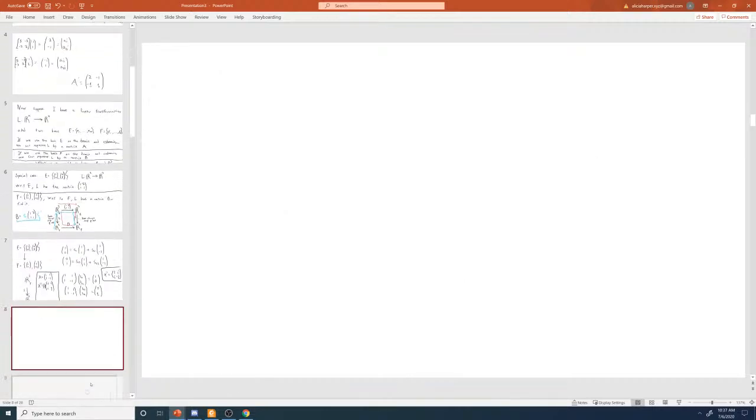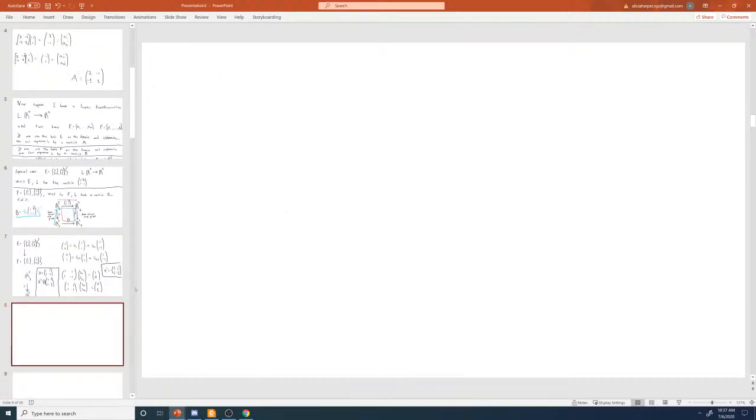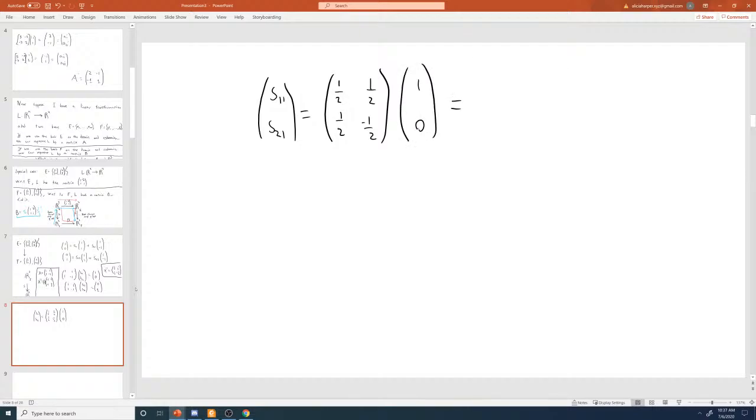So going over to another slide, I find that S11, S21 is equal to 1/2, 1/2, 1/2, negative 1/2, all multiplied by 1, 0. And so this precisely is 1/2, 1/2.